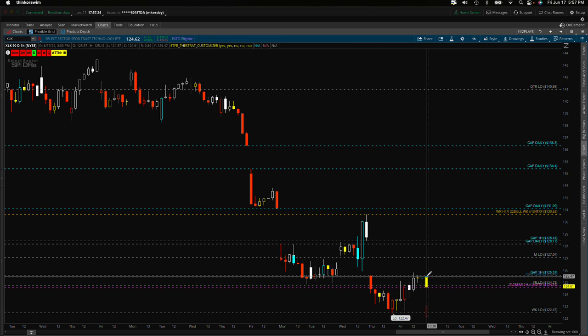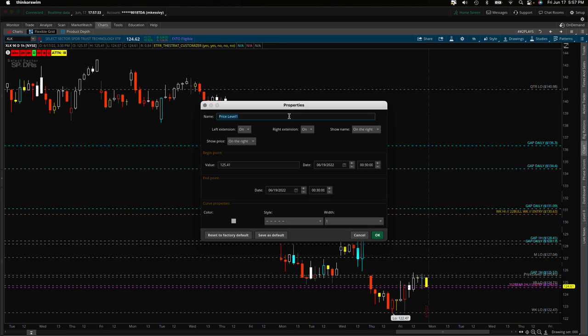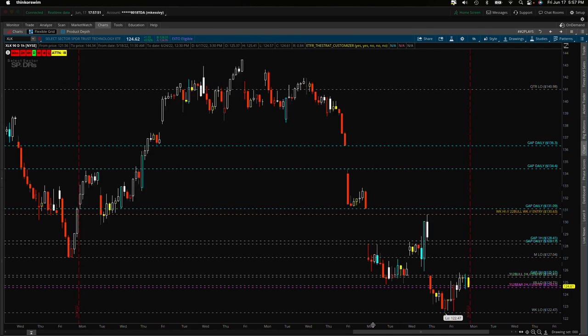And then above it, we have 125.41, and this will be our 312 bull on the 1 hour. So now we have that identified.